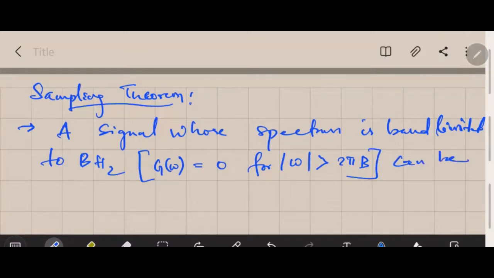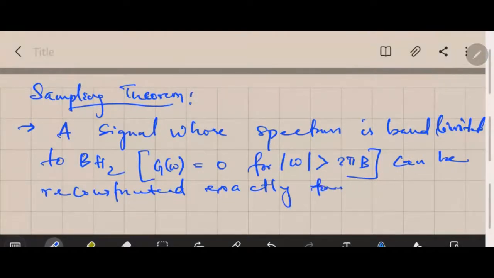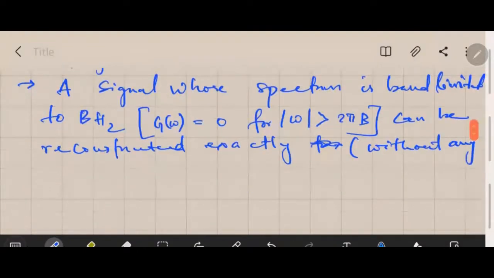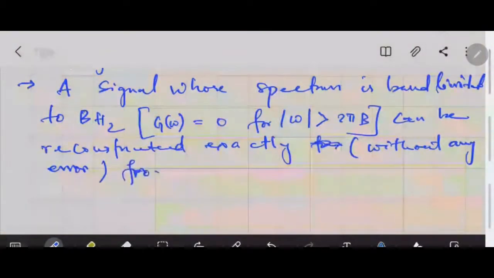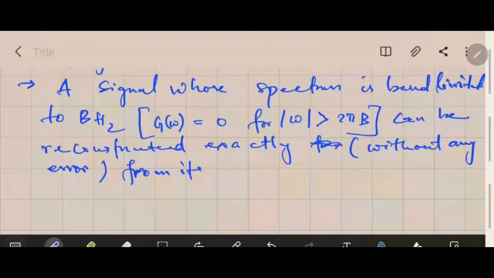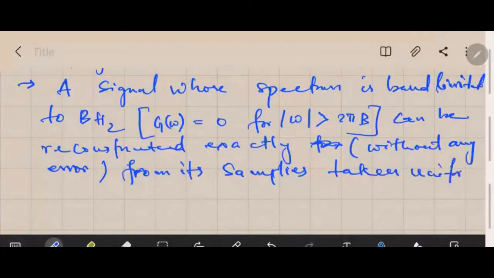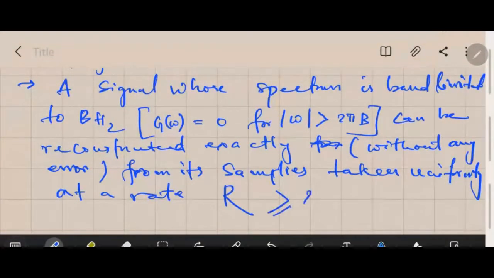So it can be reconstructed exactly, that means exactly without any error, from its samples taken uniformly at a rate capital R, which should be greater than or equal to 2B hertz.